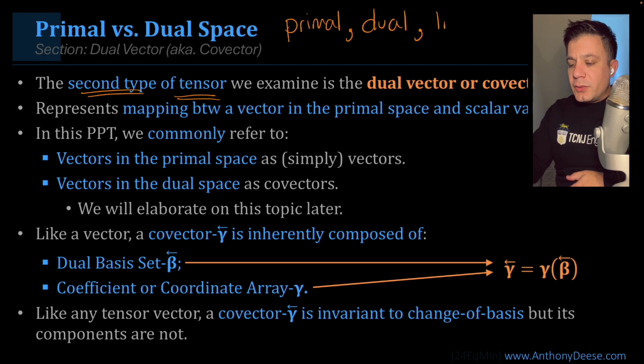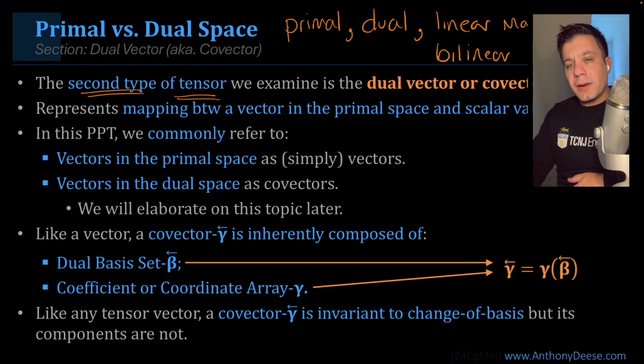We'll move on to the linear map, as well as the bilinear form, moving forward. So we are going to look at several other types of tensors within that umbrella of the general tensor description.